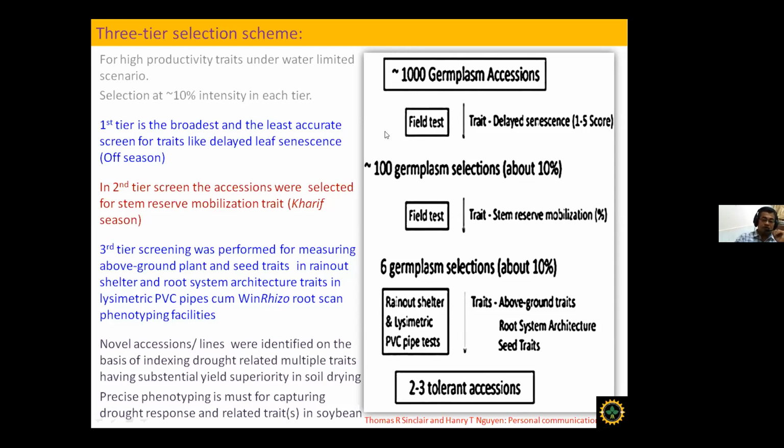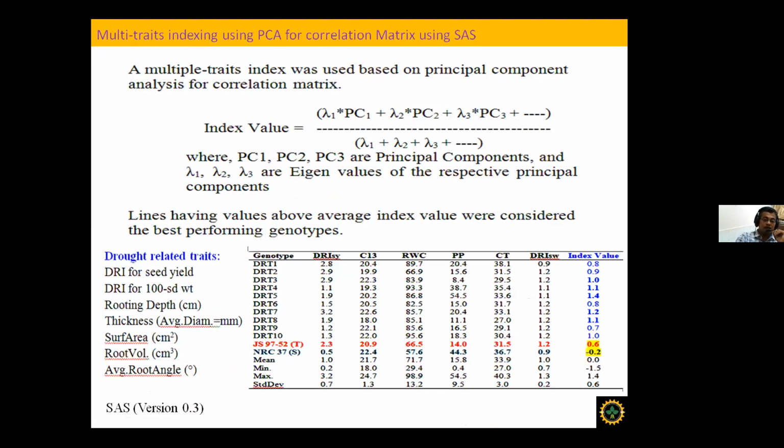Otherwise, you are going to lose some of the genotypes and some of the traits. Finally, when you come up with such a large number of traits, the main challenge remains how to identify a genotype having one trait or another in it. That makes the job still more difficult, but statistical tools and software have made this easy.